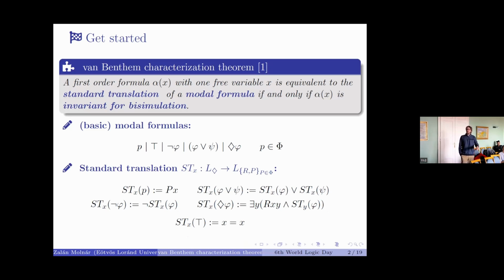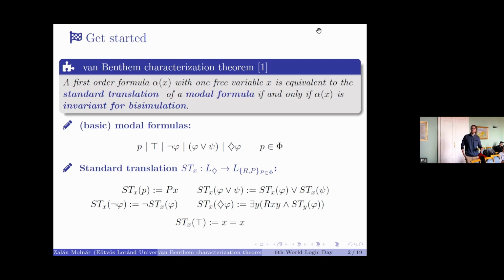An important fact, good to know, is that each standard translation gives us a formula with one free variable. So in short, whenever I'm considering a basic modal formula, it's good to think about the standard translation of that formula, so that we don't have to bother with modal logic expressions and so on and so forth. Everything will be just standard first order logic.